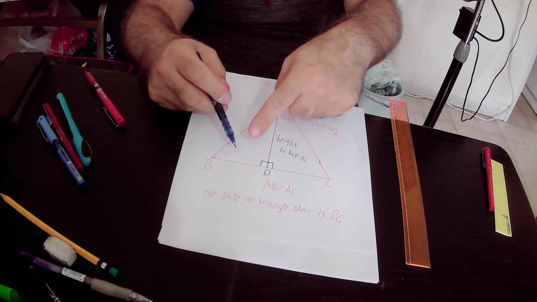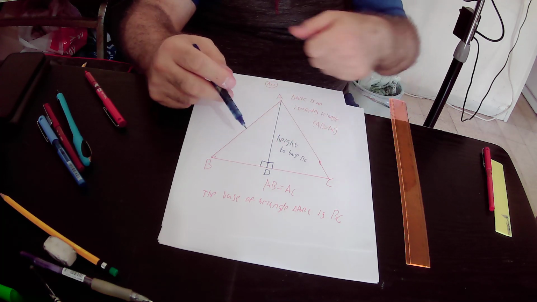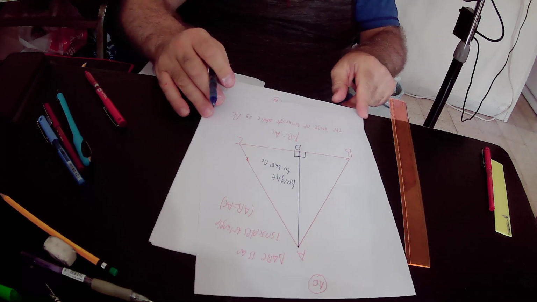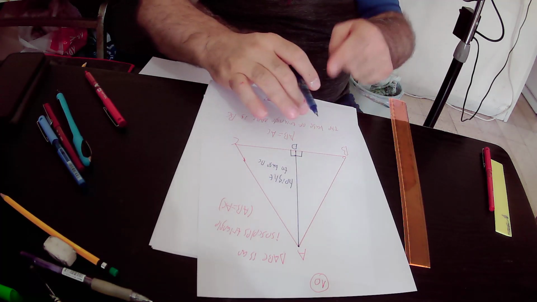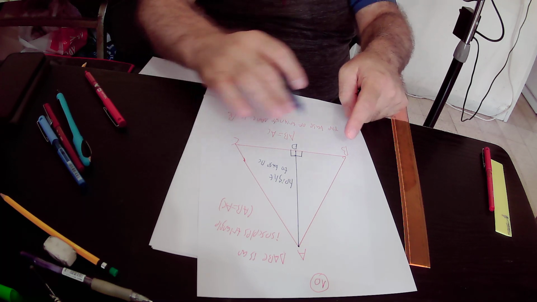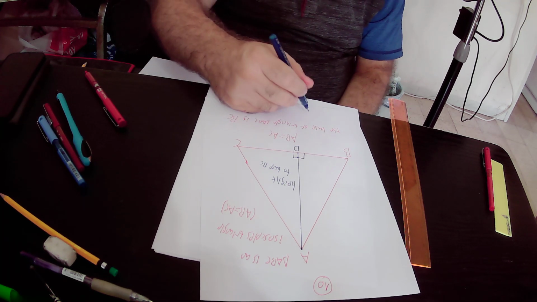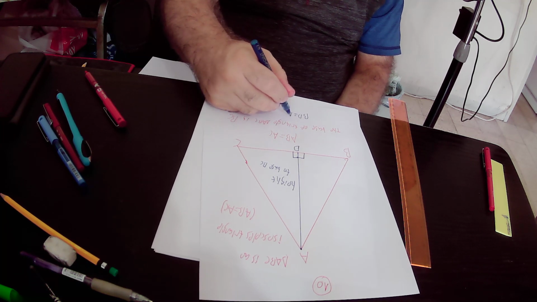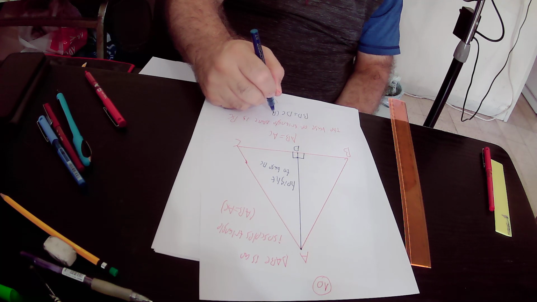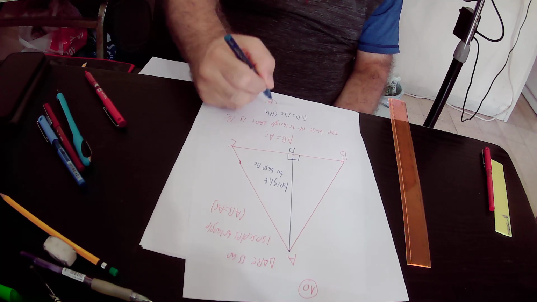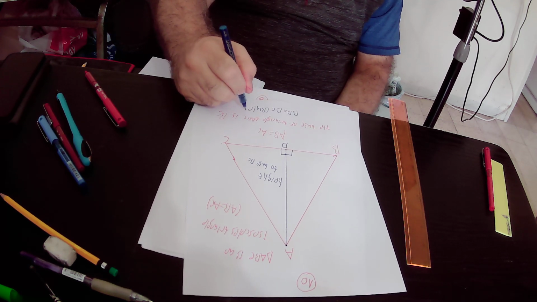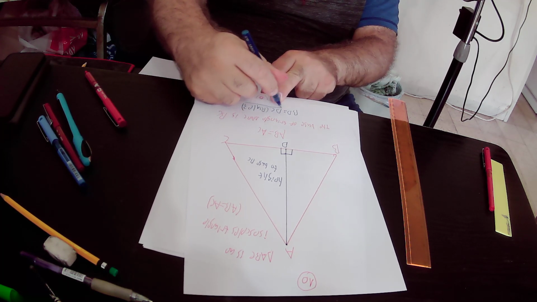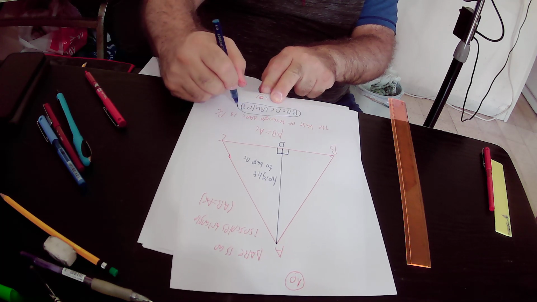That is to say, BD equals DC, according to rule number 3.